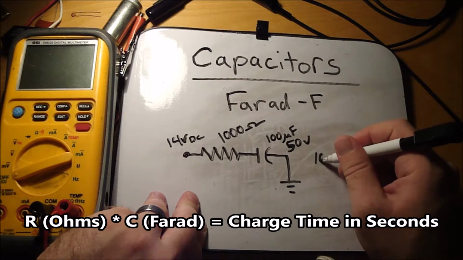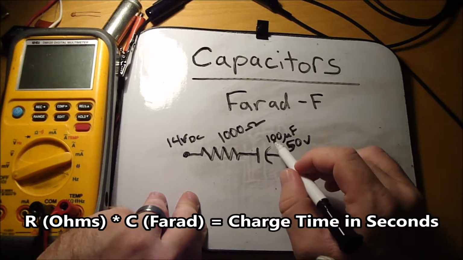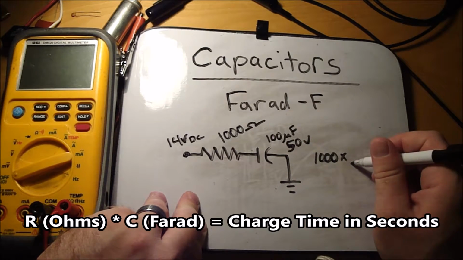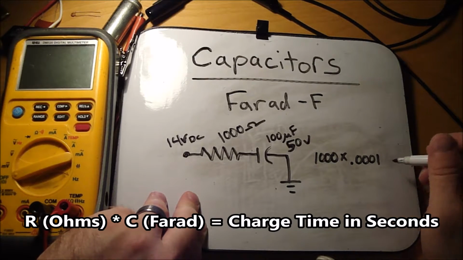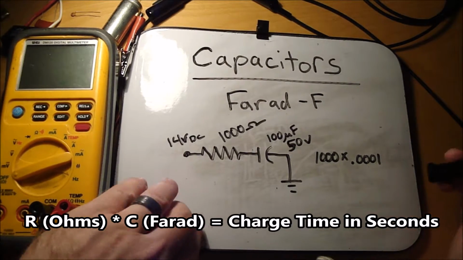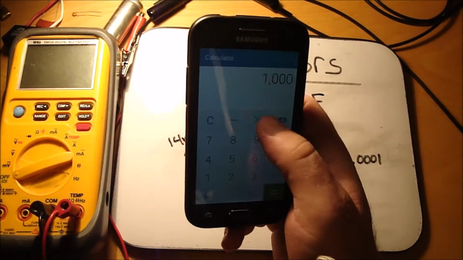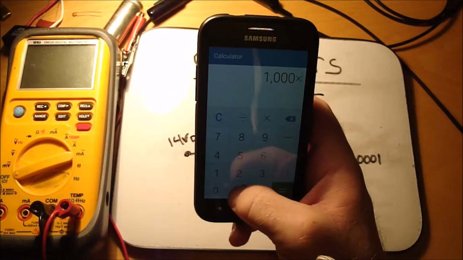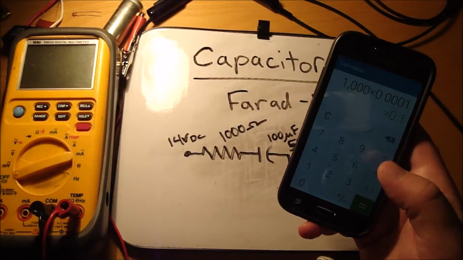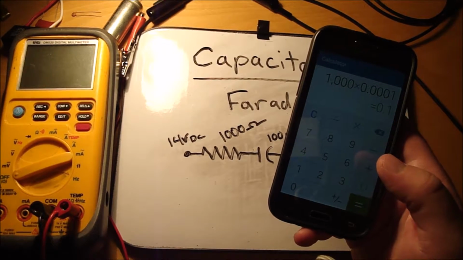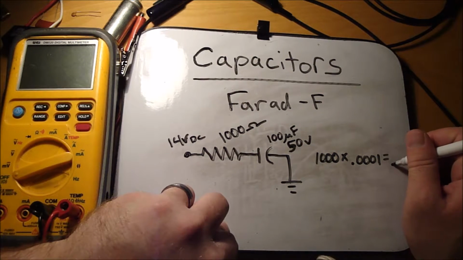So you take 1000 times 100 microfarad, which is 0.0001 farad. So 1000 times 0.0001 equals, it will take 0.1 seconds to charge.